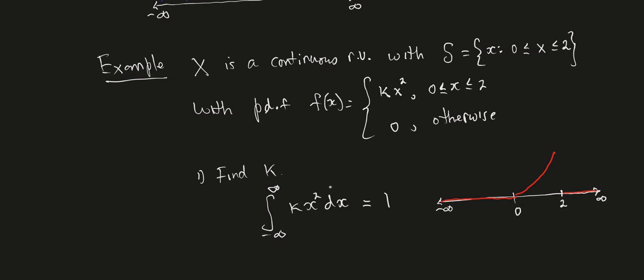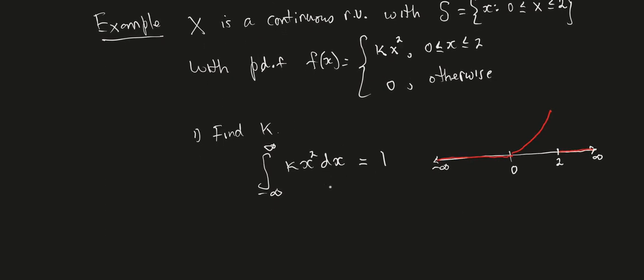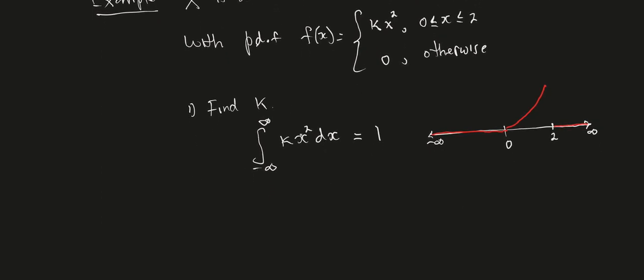When I say ignore, this is what I mean. Using the properties of integrals, we can break this up into 3 separate integrals. We can split this to go from negative infinity up to 0, and then I'm just going to write everything back down.